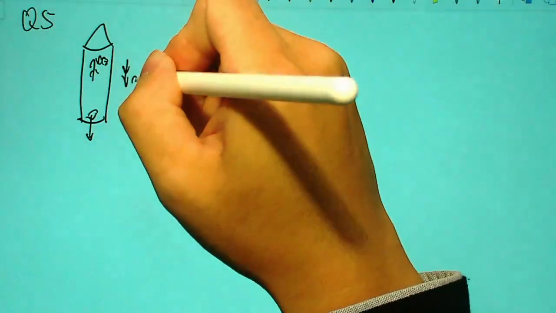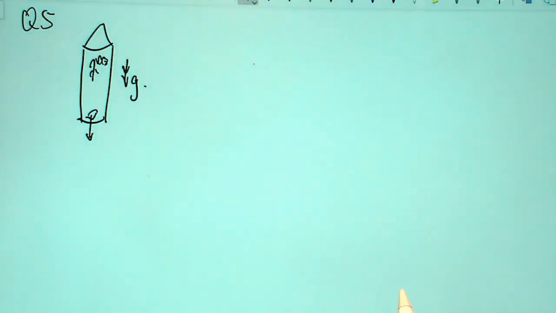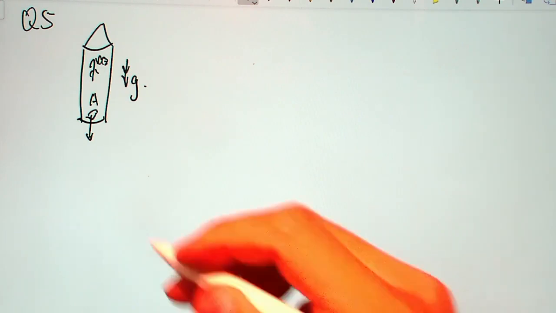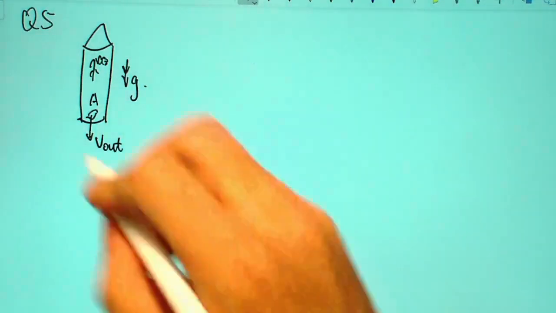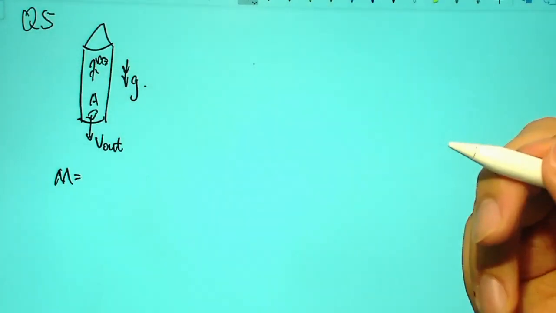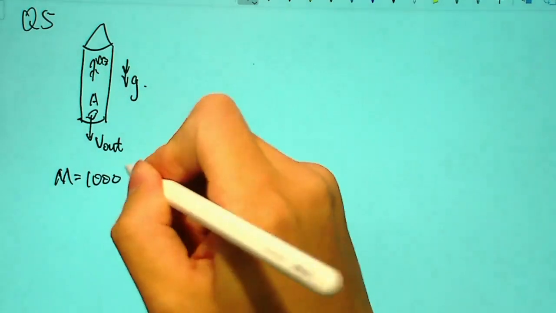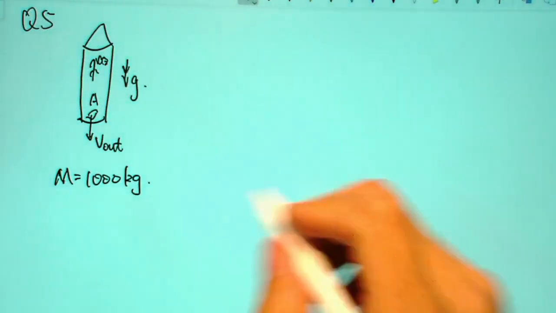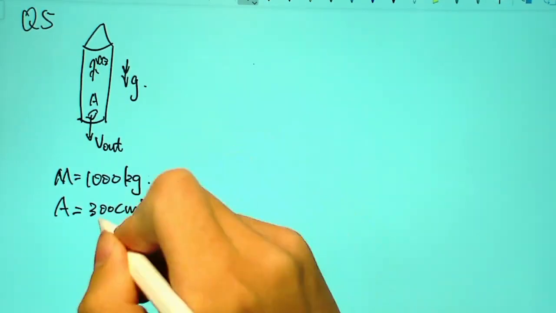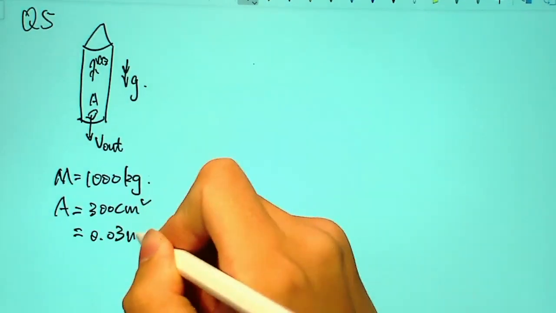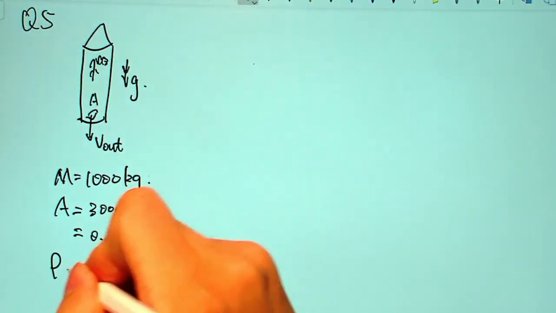Well, this obviously it has a gravity of g, and then we have an outlet thrust pumping out the air or the gas, the hot gas, with velocity we call it v out, and the total mass of this rocket is 1,000 kilogram. The cross-section area A is 300 square centimeter, so that is 0.03 square meter. We have density.